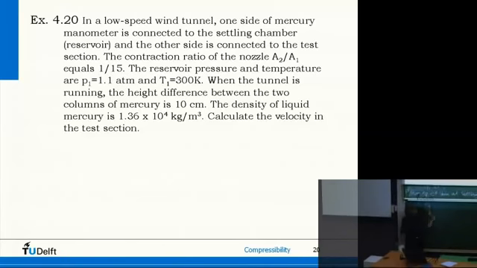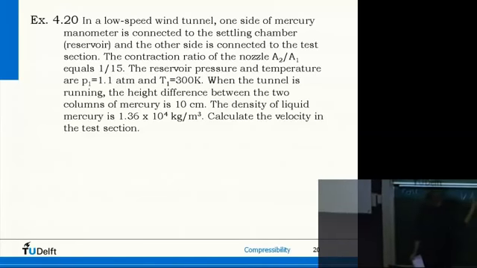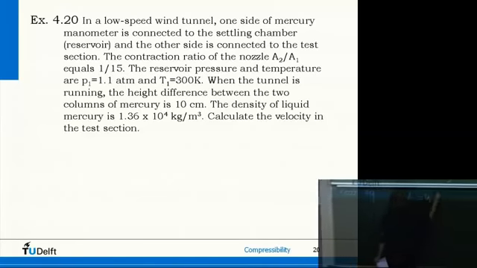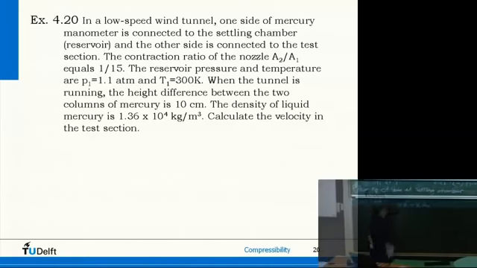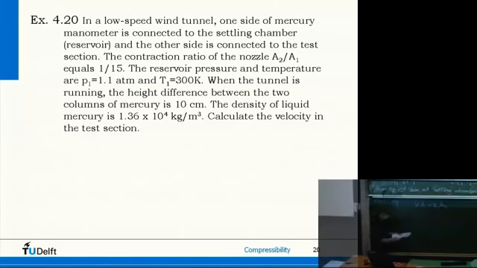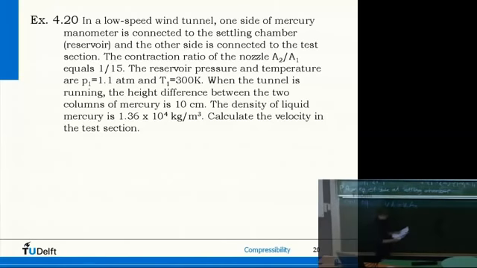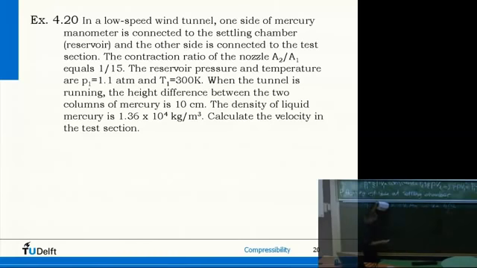And we have incompressible flow, so V1A1 is V2A2. So we can substitute this into the equation. We're looking for V2, so we can substitute V1 is V2A2 over A1, right? So we can substitute that into this.